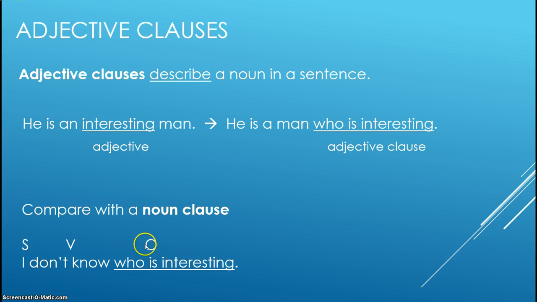It's acting as my object. But in this sentence here, you can see it has a different function. It's acting as an adjective clause. It's describing another noun in my sentence. Okay, I hope that is clear enough. You can, of course, review the book again or rewind the video and check that again if it's not. But we're going to move on.